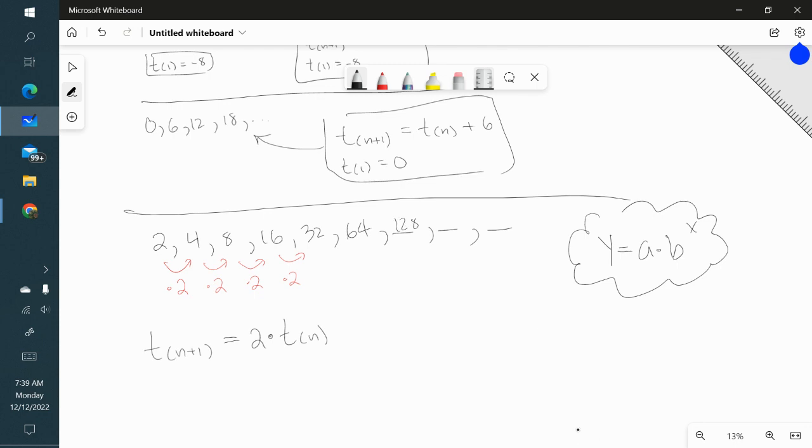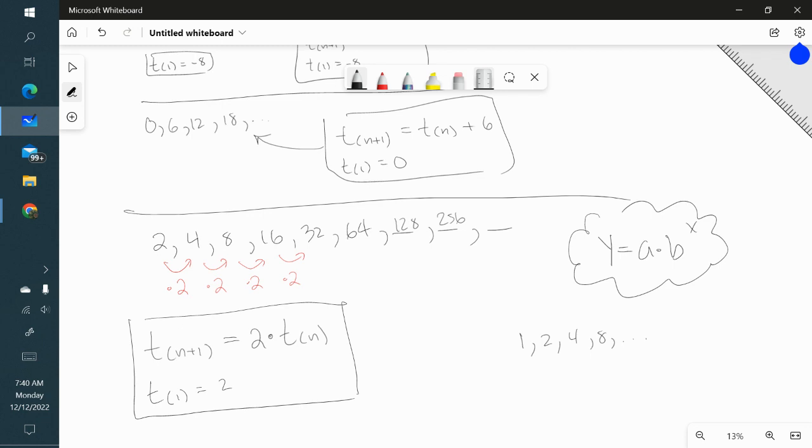And then I have to, because there's a lot of sequences that are multiplied by 2. It could be 1, 2, 4, 8. That's a different sequence that fits this description. So I have to give an initial value. Term 1 equals 2. So that would be a recursive rule for this sequence.